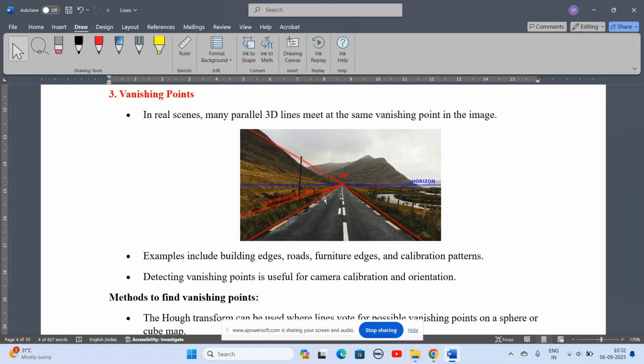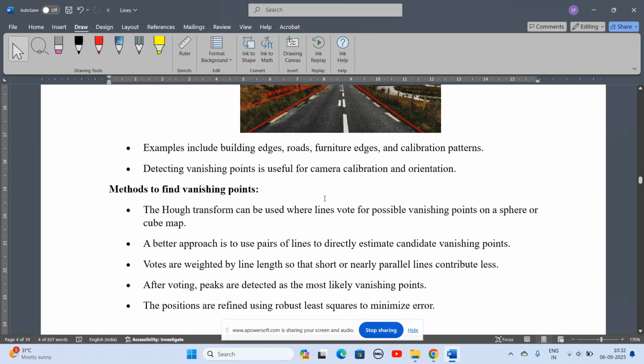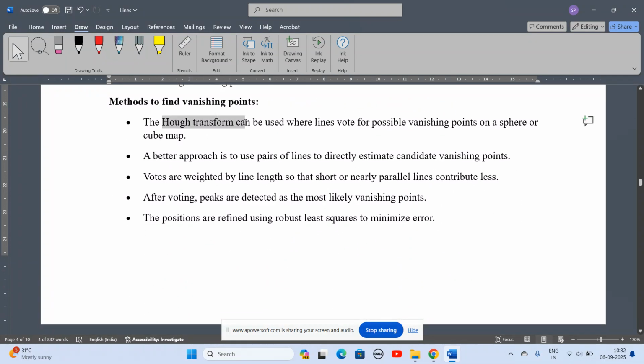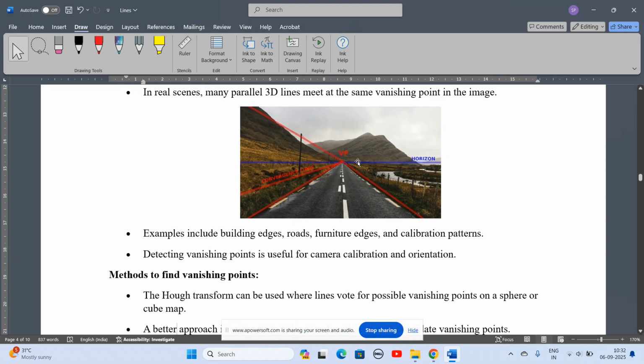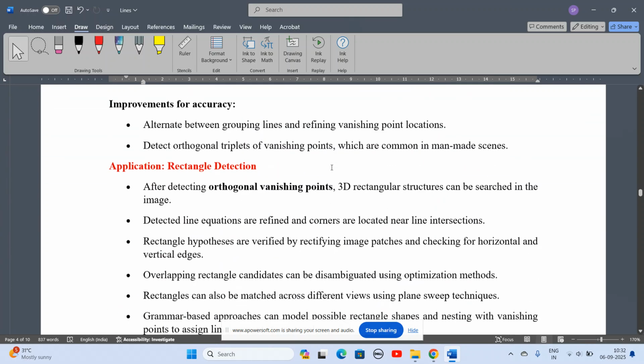Both parallel lines end at one point. That point is known as the vanishing point. I can use the Hough transform again, and use voting to find the edge point. A better approach is to use the pair of lines directly to estimate the candidate vanishing point. So take two parallel lines and identify the end point of them. That would be the vanishing point.